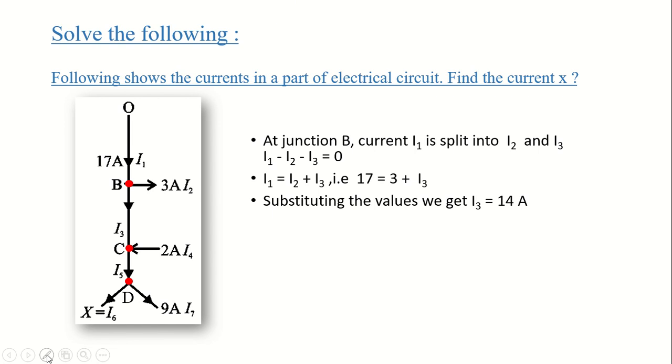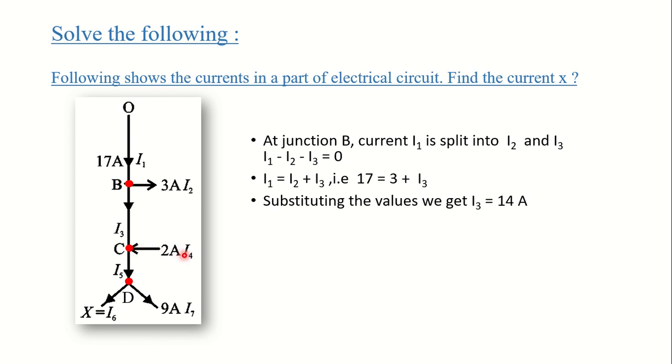Now proceeding, please wait for a second, let me take the pointer. See, the pointer is at junction C. At junction C, you can see the currents coming to the junction are I3 and I4.